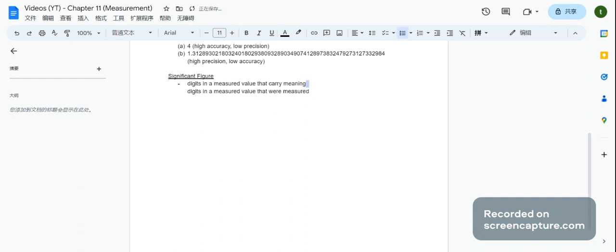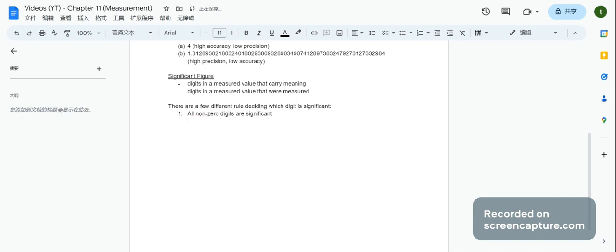And there are a few different rules deciding which digit is significant. So rule 1 is that all non-zero digits are significant.